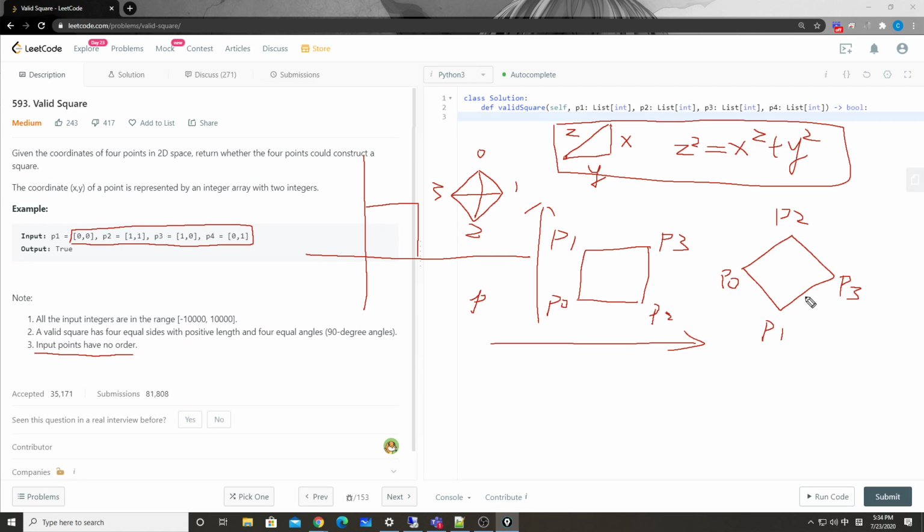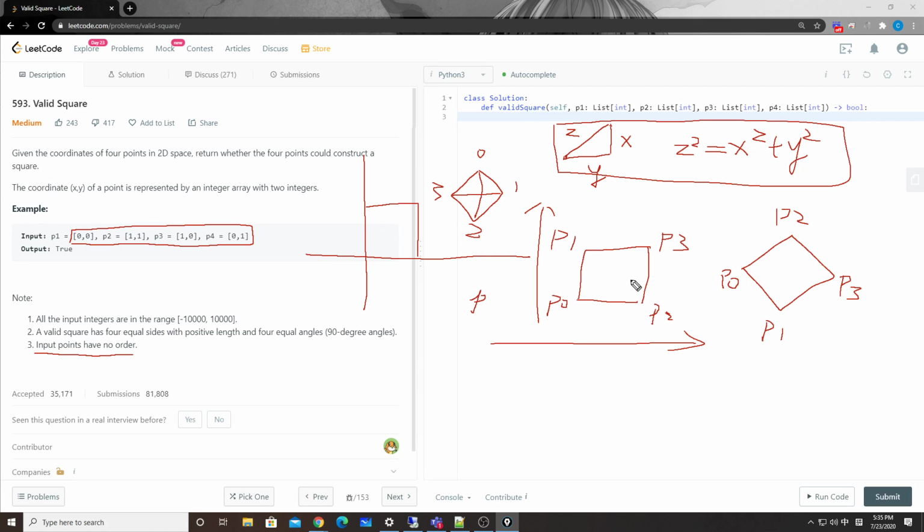As you can see already, if we sort by x and then by y, p0 and p3 are always the two endpoints of one diagonal, and p1 and p2 are the endpoints of the other diagonal.